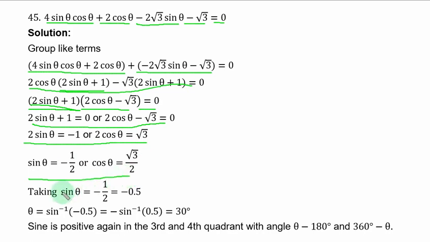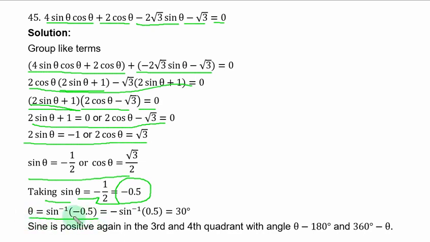So let us take the first one. Sine theta equal to minus 1 over 2, which is equivalent to minus 0.5. To get theta, you take the inverse of sine of both sides.